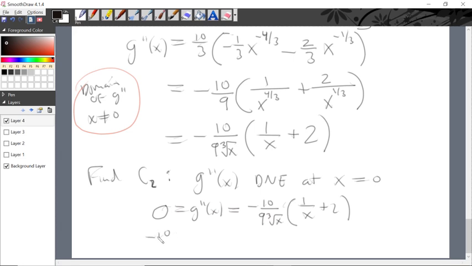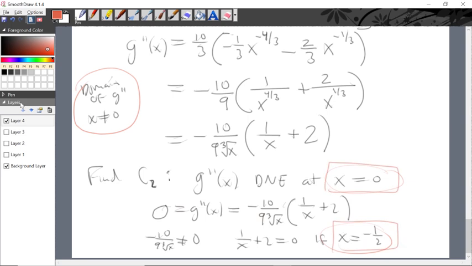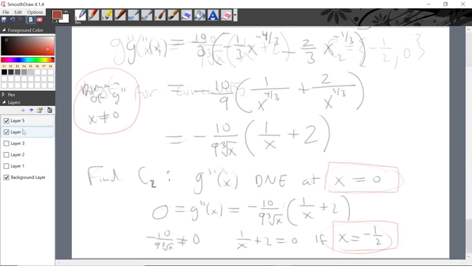Negative 10 over 9 cube root of x is not equal to 0 for any value of x. But 1 over x plus 2 is equal to 0 if x is equal to negative 1/2. The values to test around for concavity are 0 and negative 1/2. So let's go to a new layer and try that out.